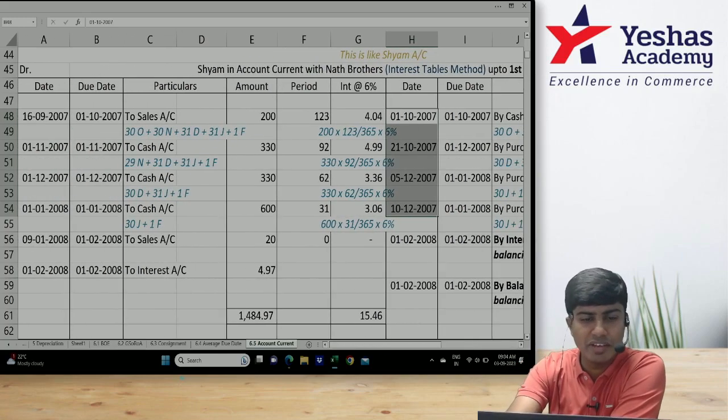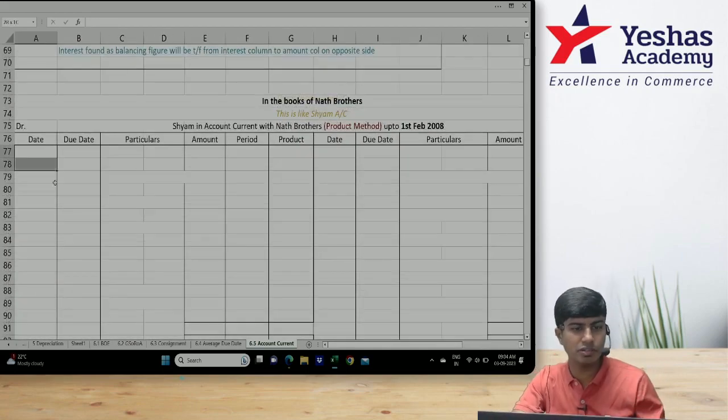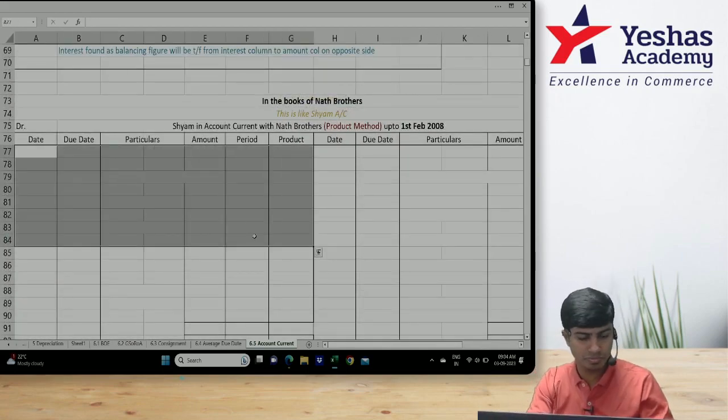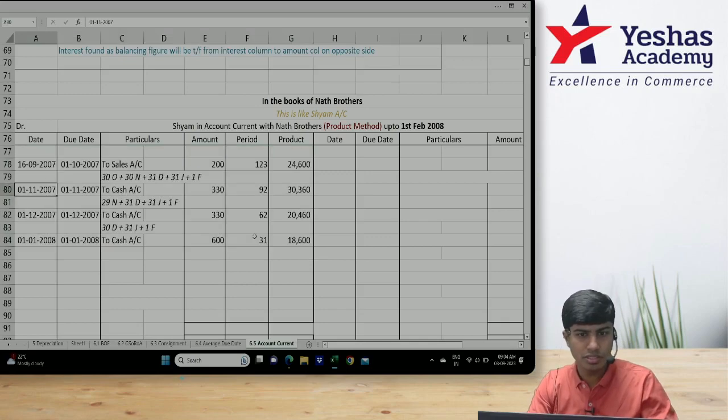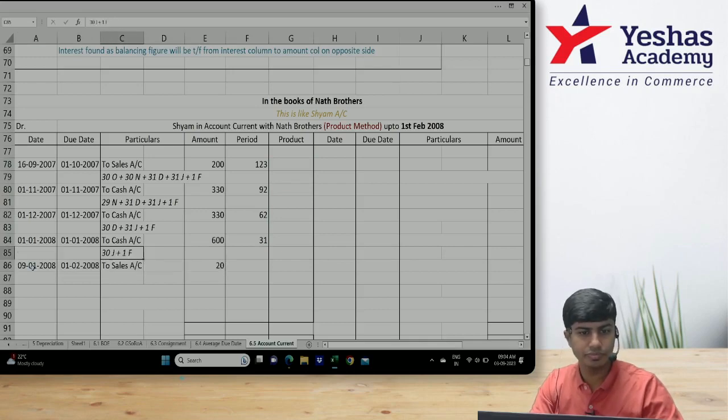A lot of data will be the same. So what I'll do is observe. See, till here it's all the same. All these transactions are the same, whatever we had written. Till here we had written, am I right?